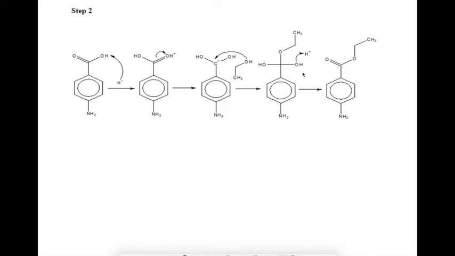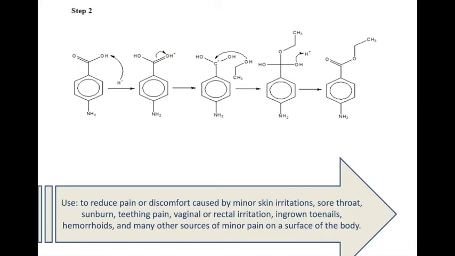So here it is, and in the last step it will form the ester group. For that, one hydrogen is liberated and forms a pi bond with the carbon and oxygen, and it will form the benzocaine. It is used in minor skin irritations and minor pain on the surface of the body.